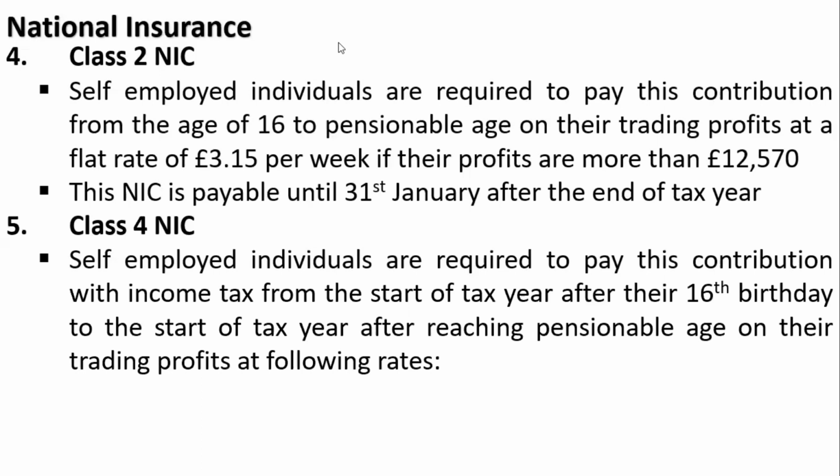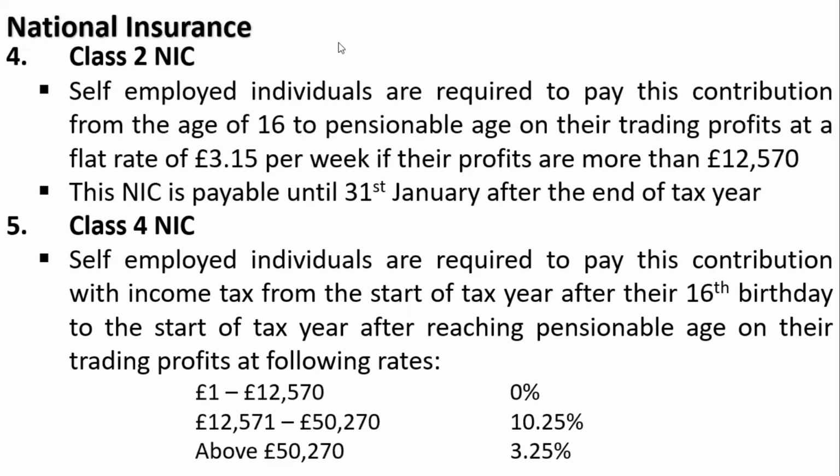Simple definition for this whole sentence is that self-employed individuals also pay class 4 NIC. You will not be required to know the age for the payment of this. You need to know about the calculation. So these rates will also be given to you.